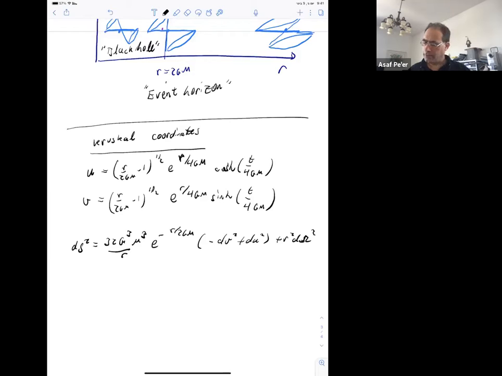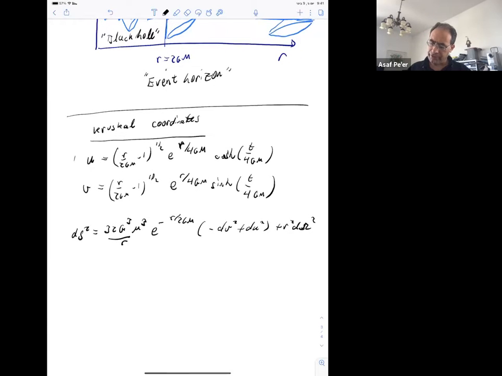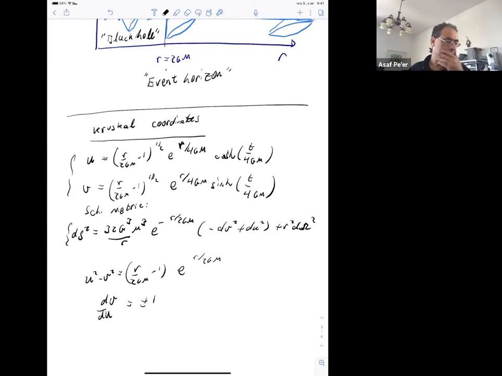Now the r is defined basically from these coordinates: u squared minus v squared is equal to (r over 2GM minus 1) e to the power r over 2GM. Obviously, in these coordinates, just looking at the metric, we have that dv over du is plus or minus 1, which you can see from here.